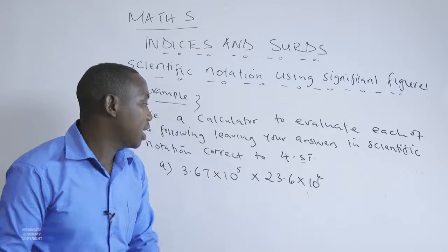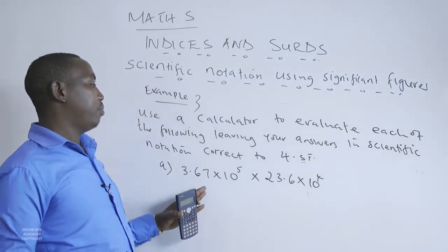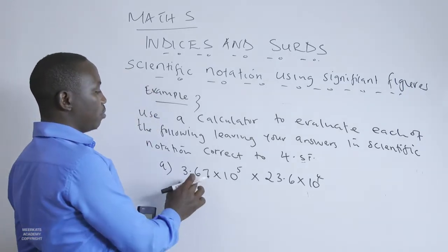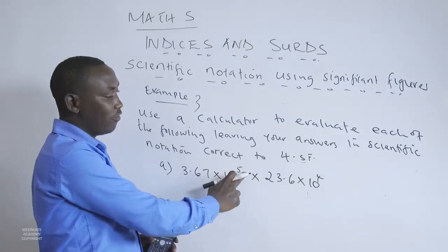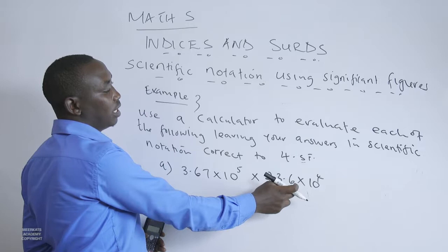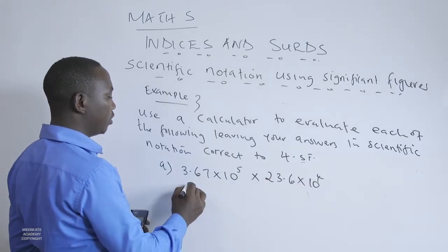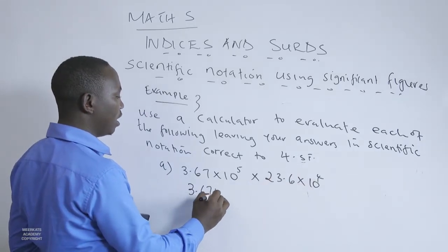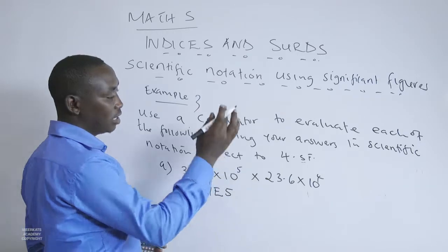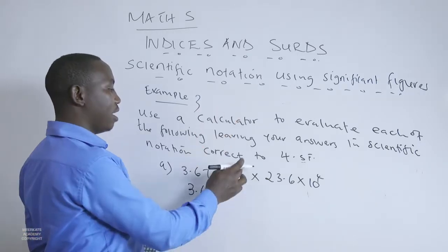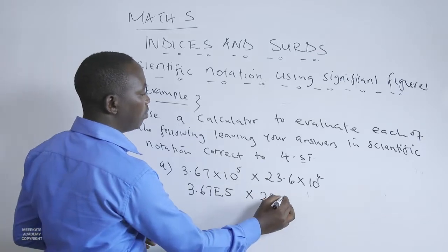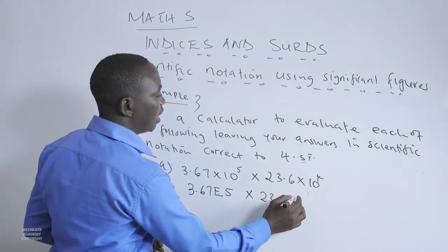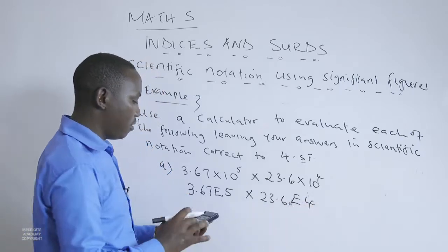So using a calculator, you press it the way it is: 3.67 exponential 5, that is according to the number of zeros, then 23.6 again exponential 4.